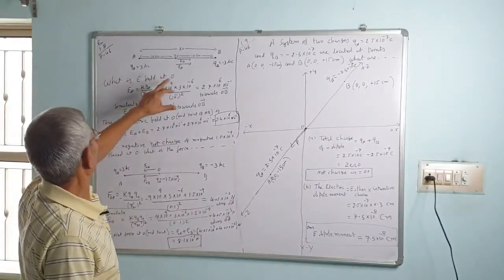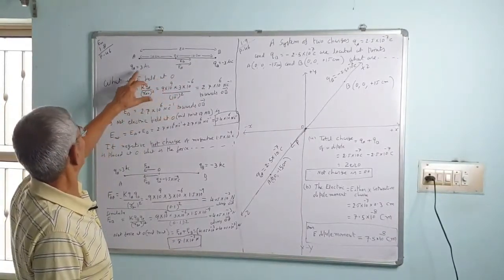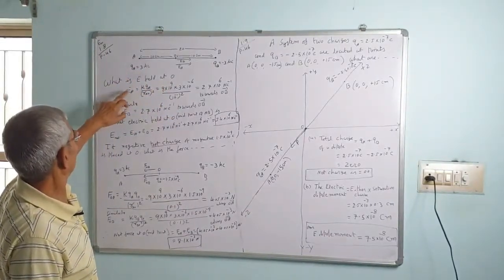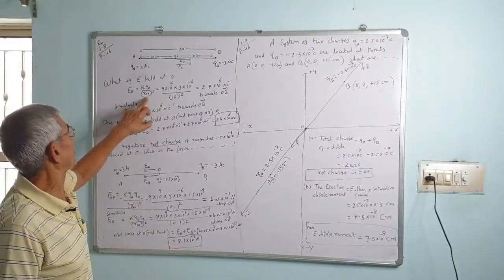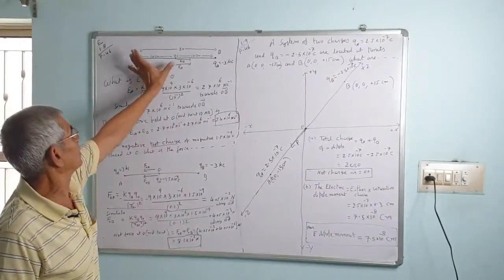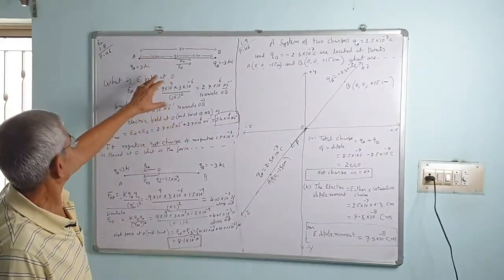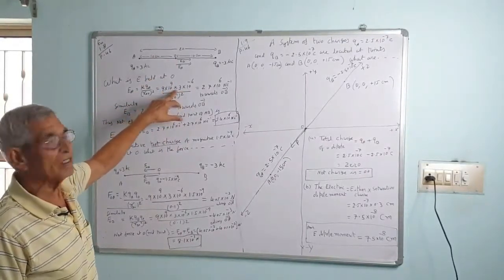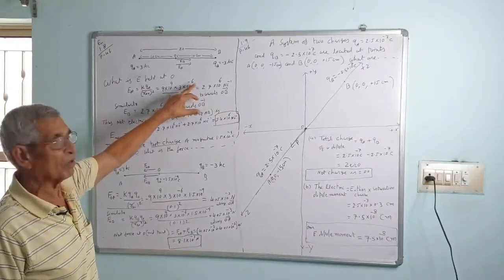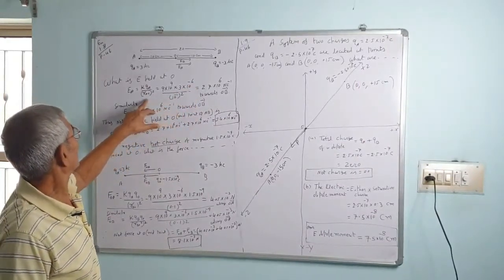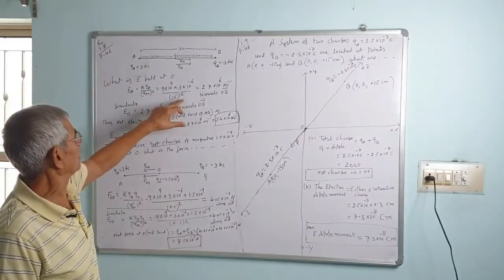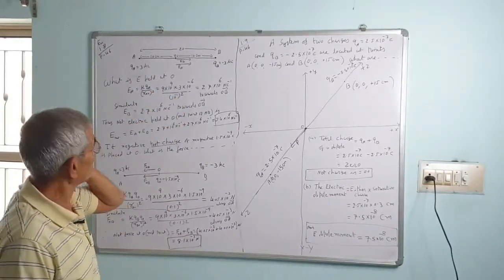The electric field E at O due to the charge A, or QA, say EA, is equal to K QA upon RAO square, this distance, that is 10 centimeter, correct. That is K is equal to 9 into 10 raised to power 9, into 3 into 10 raised to power minus 6, upon RA, 10 centimeter, that is 0.1 meter, that is 10 raised to minus 1 meter, square.